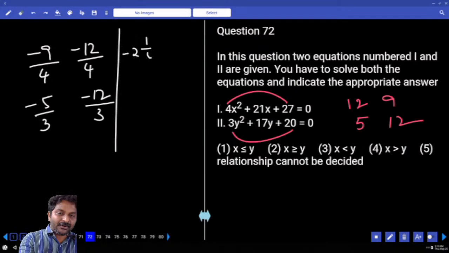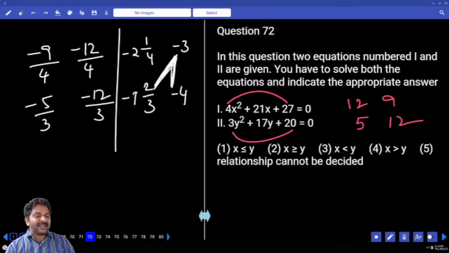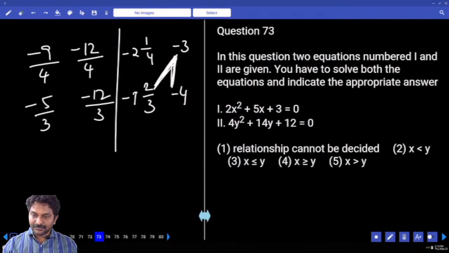Minus 2 1 by 4, minus 3, minus 1 2 by 3, minus 4. Again same condition, right? In between condition, minus 3 lies in between minus 1 2 by 3 and minus 4. Yes, answer: relation cannot be established.